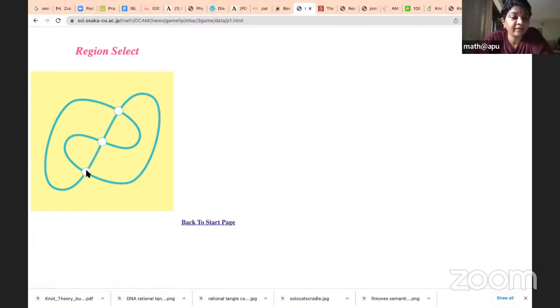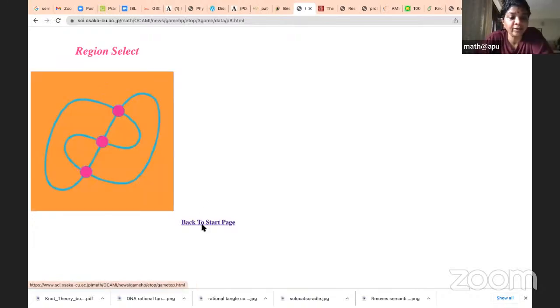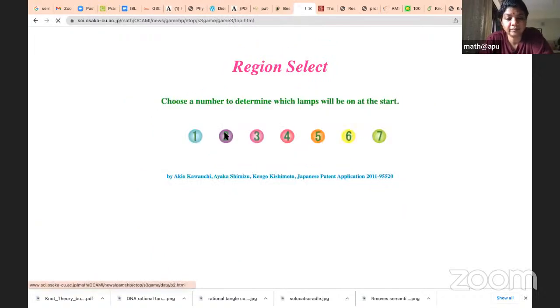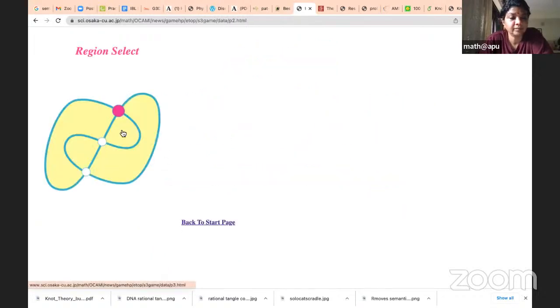Over here, you can see there are three purple dots. All the crossings are colored. If I go to the outside region and press, what's happening? Can you see the color change when I press the region in between?